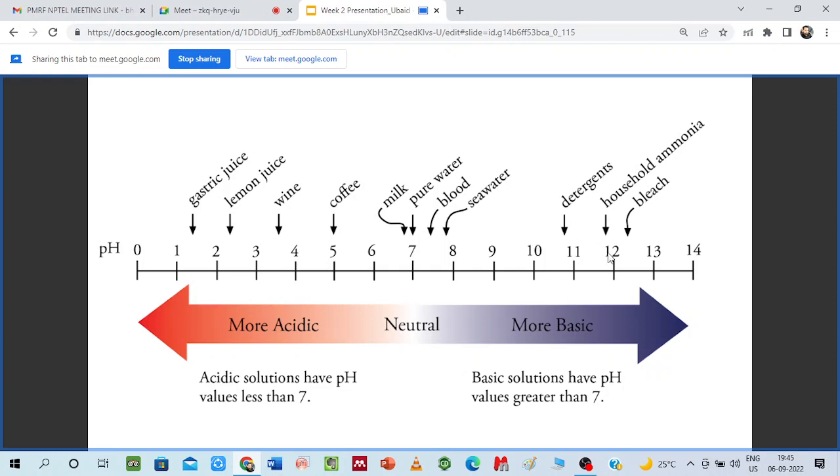On the right side, if the pH is 11, 12, 13, it is more basic, and the pH close to neutral, like 7, 8, 9, is a weakly basic solution.